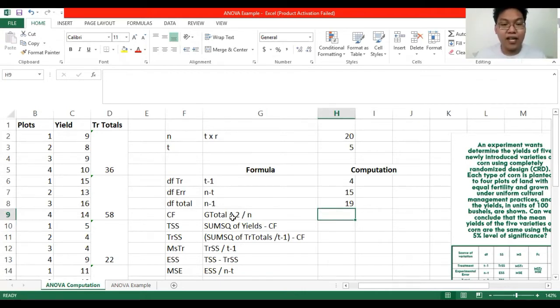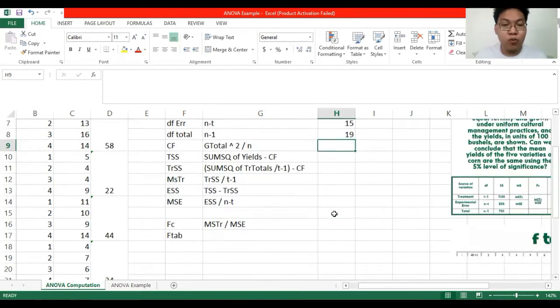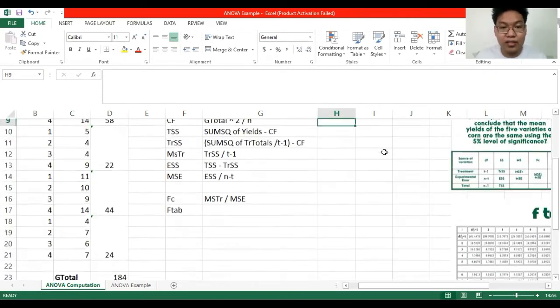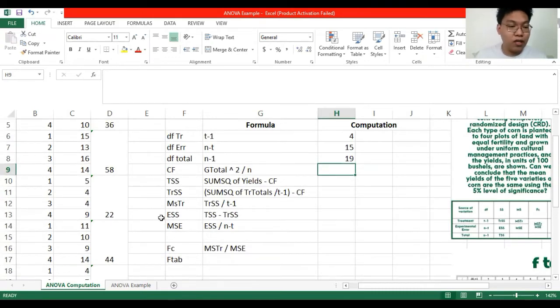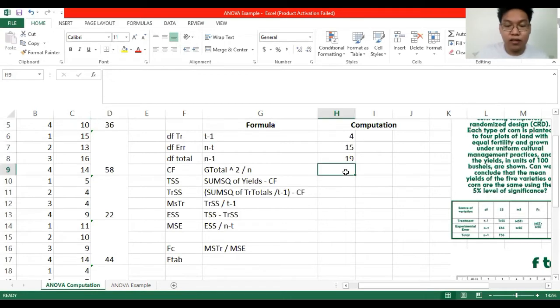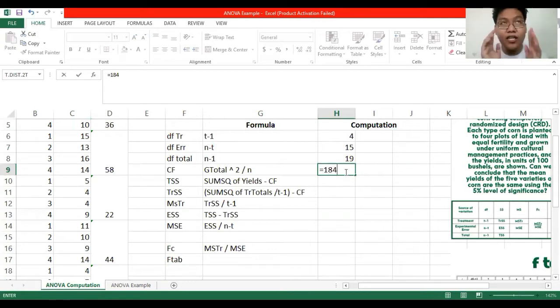First, let us have grand total squared. Our grand total is 184, right? In order for us to get the squared value, we can have 184. When you are using Excel to compute, you always need to have an equal sign before your formula.